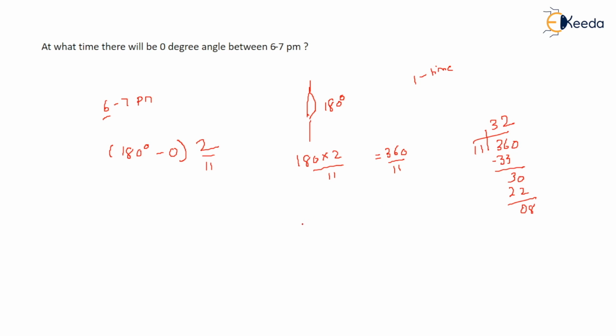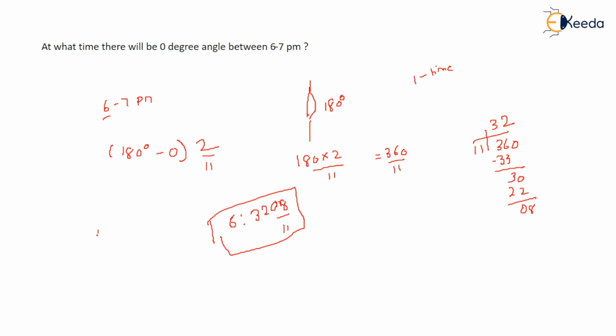So you can write it in such a way that at 6 p.m., at 6 hours 32 minutes and 8 by 11 seconds, this will be the time at which the angle between both, between 6 and 7, is 0.